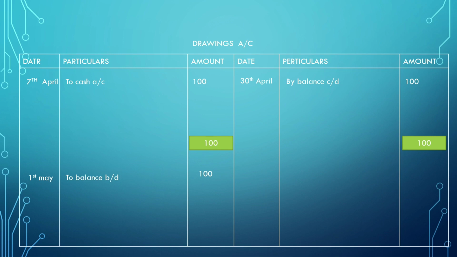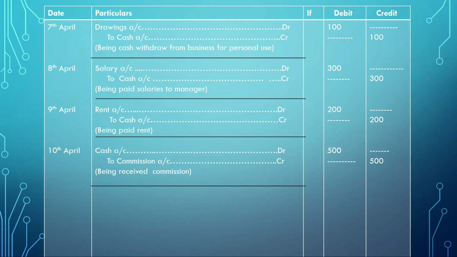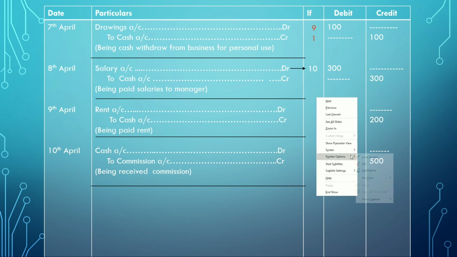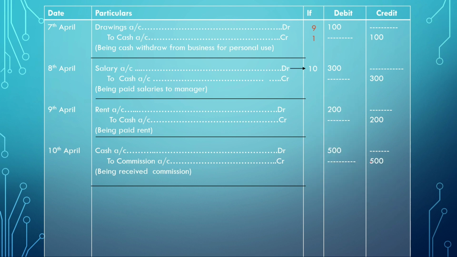Okay, next we'll go with the next item. The next item is the salary account. The salary account is in the 10th ledger. We'll open the ledger 10th. Here on 8th April, the business was paying salaries. Paying salaries means the cash is going outside.